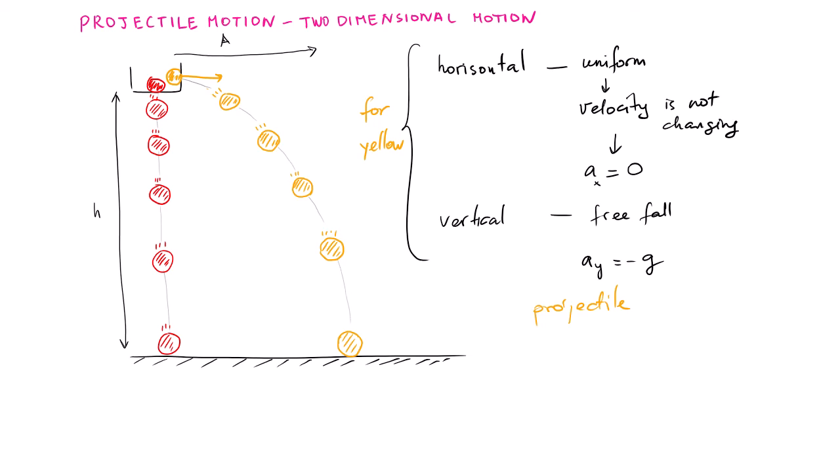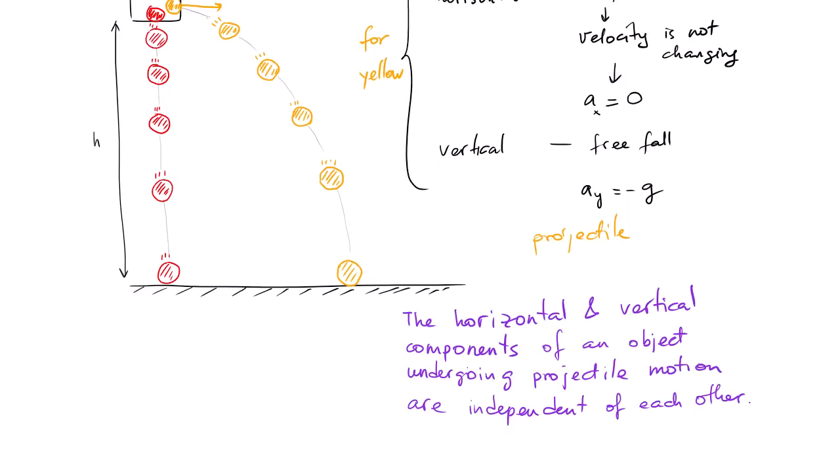The horizontal and vertical components of an object undergoing projectile motion are independent of each other. So I'm going to write that for you. Vector components can be used to analyze projectile motion by simply breaking up the motion into x and y components and treating them separately.